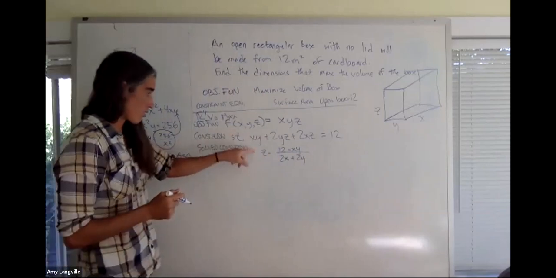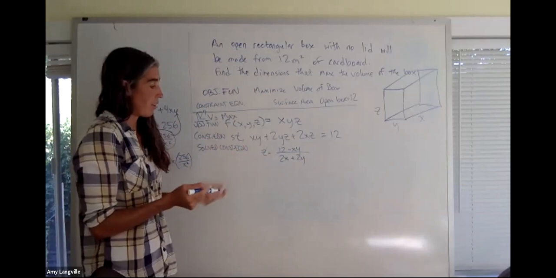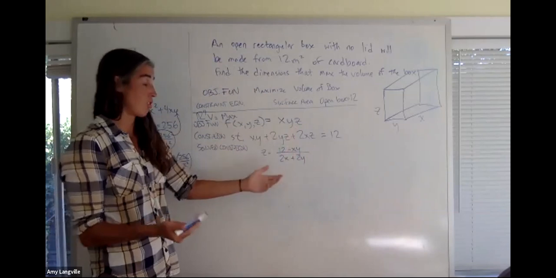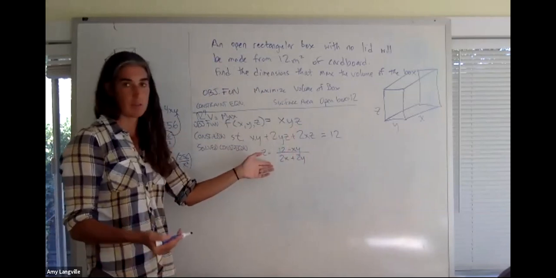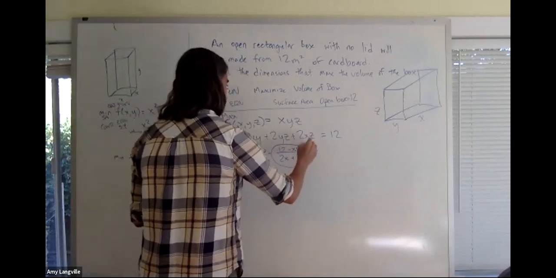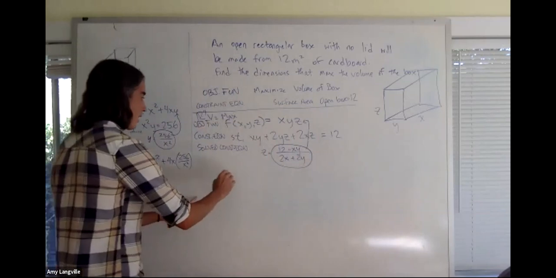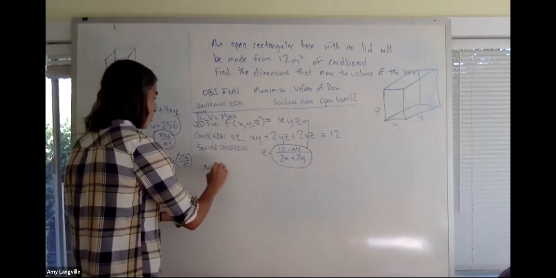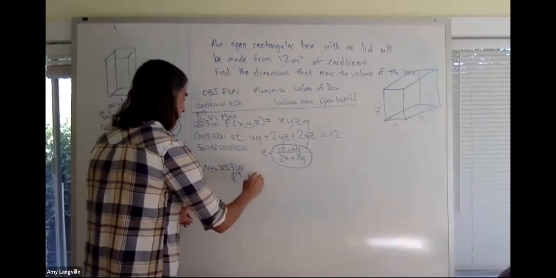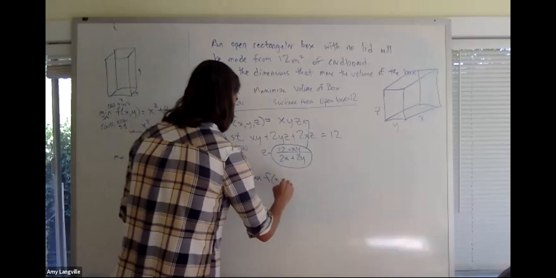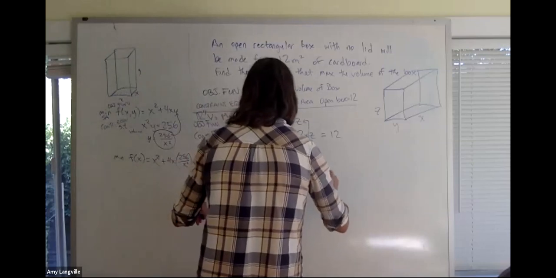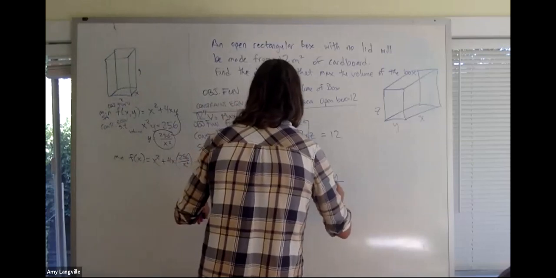Right, so these two things are the exact same representation, but I like the second one better because it enables me to get rid of this z, because I can write z in terms of x's and y's. So that's what we're going to do here. I'm going to take this and force it to go into the objective function. So then I'll get a new objective, which is an R3. We want to maximize a function of x and y, and it's x times y, and instead of z, it's this fraction, 12 minus xy over 2x plus 2y.